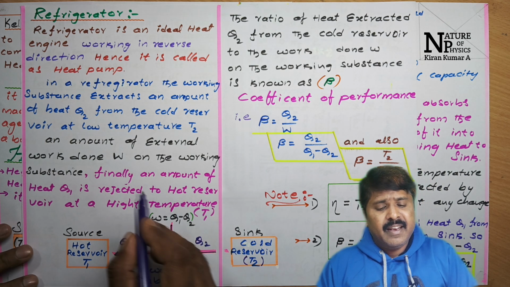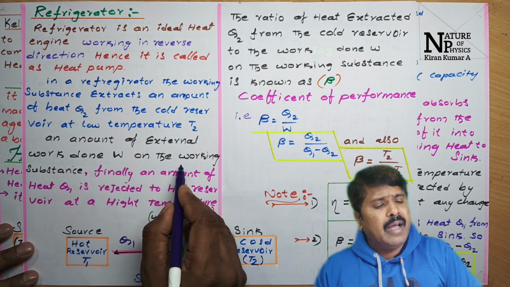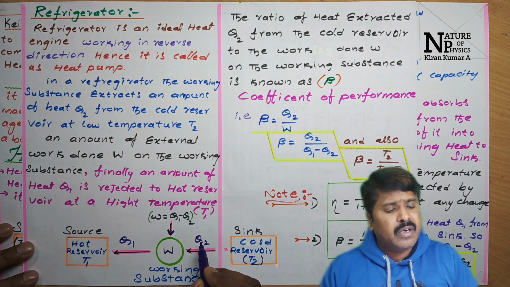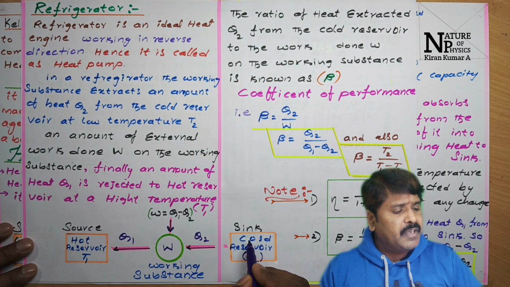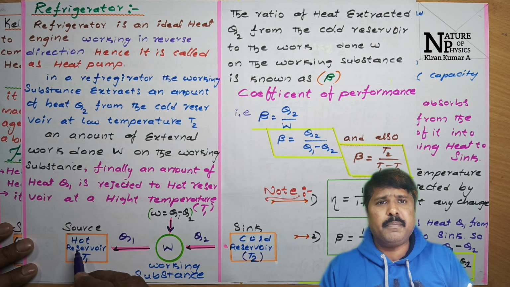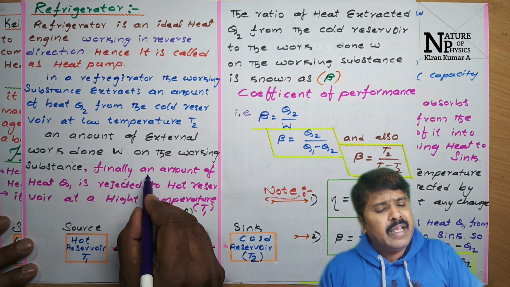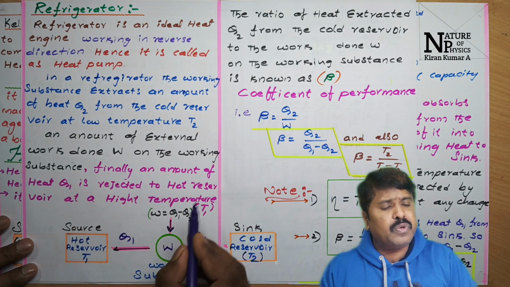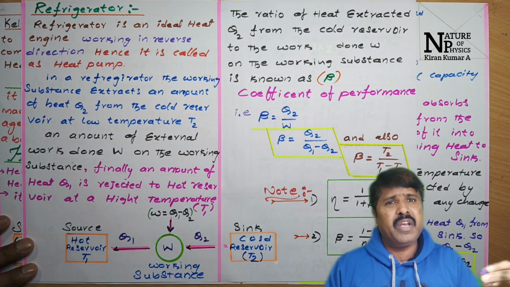See there, an amount of external work W is done on the working substance, on which work W is done, then only heat is flowing from the lower temperature area, the sink, to the higher temperature source, student. And finally an amount of heat Q1 is ejected to the hot reservoir, quite the opposite direction from the heat engine.